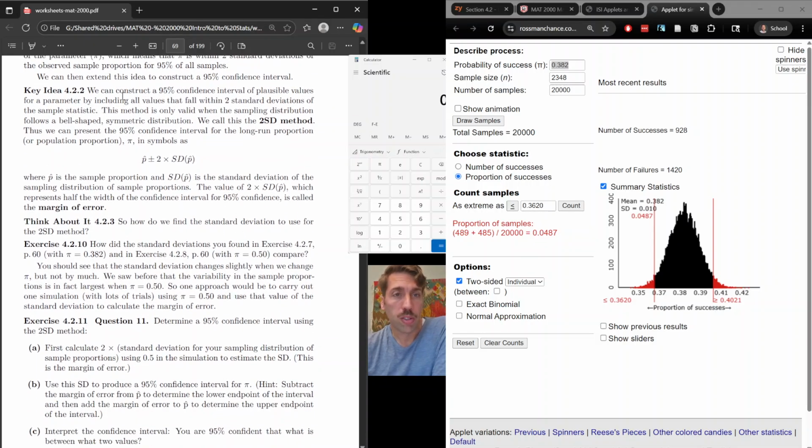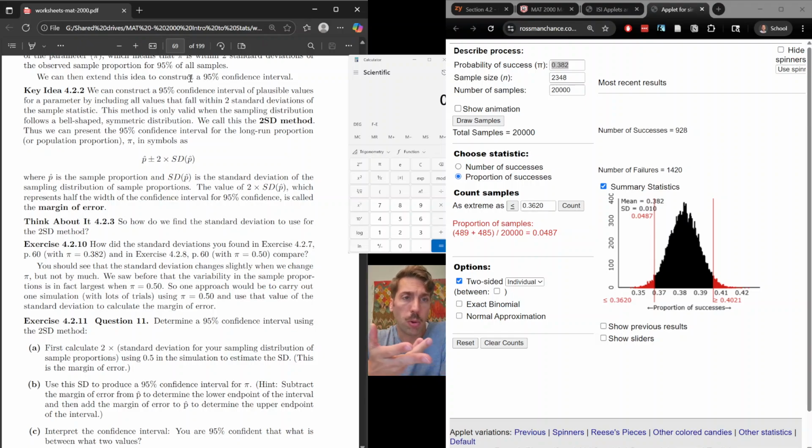So, we construct a 95% confidence interval of plausible values for a parameter by including all the values that fall within 2 standard deviations of the sample statistic. This method is only valid when the sampling distribution follows a bell-shaped symmetric distribution. Later on we'll tell you more about how to determine that, but eyeballing whether it's bell-shaped is a good start. So we call this the 2 standard deviation method for a 95% confidence interval.